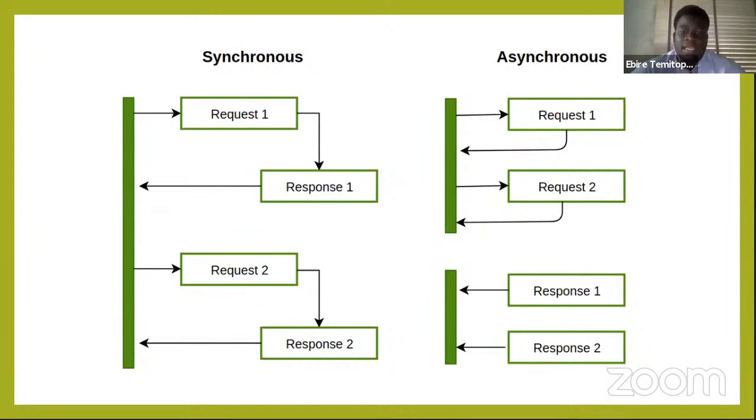So we can see a brief diagram here explaining it. Synchronous works on requests. It works on the first request, gives the response and comes back, then goes to the second request, gives the response and comes back. But asynchronous works on the first request and also works on the second request at the same time. Then it gives the response to the first one and the second one simultaneously.